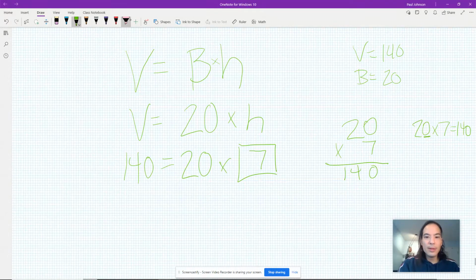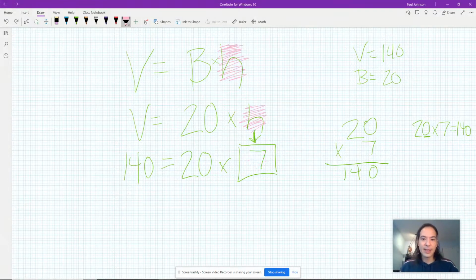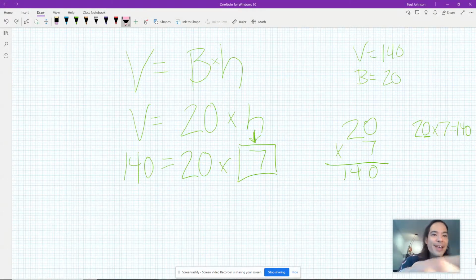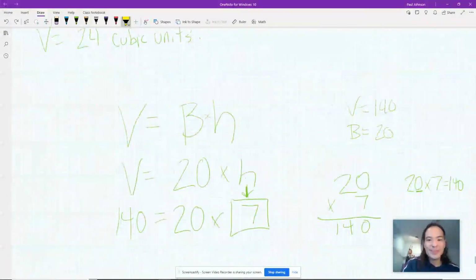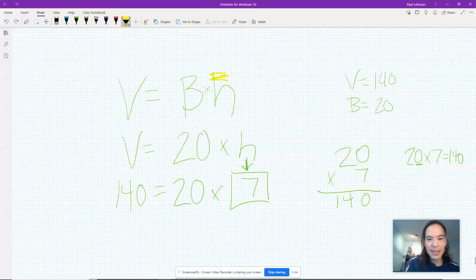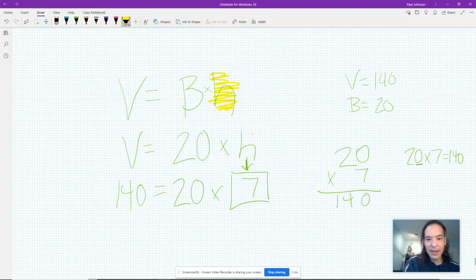So it looks like our height, and that's the part that we've been looking for the whole time. Our height was 7. It's a bad color to use for highlighting, but let me pick that, and there we go. All right, so we were looking for our height.